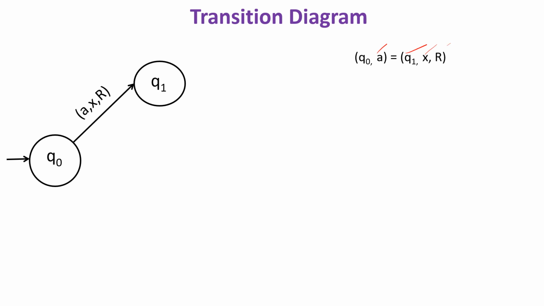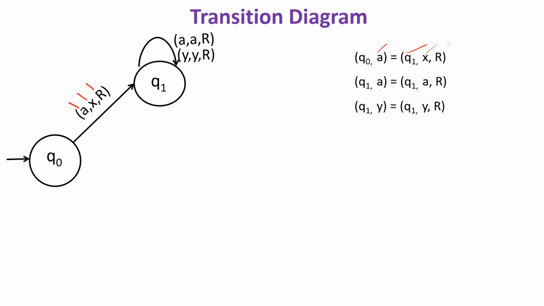On the transition, you'll have the current input, the change in the input symbol on the tape and the direction of the movement. Next, Q1 A will go into a self loop, A A R.